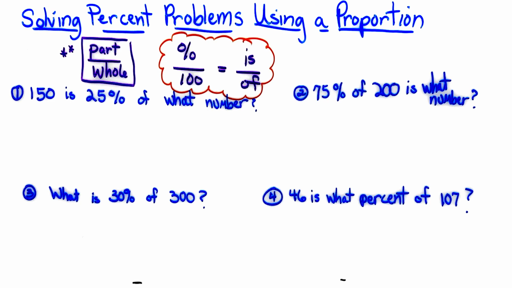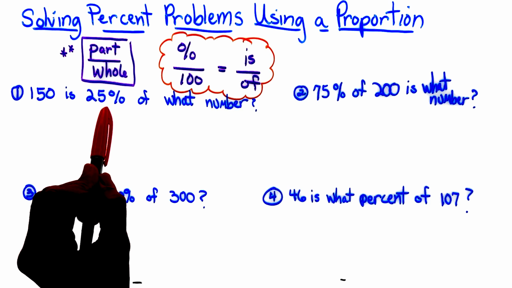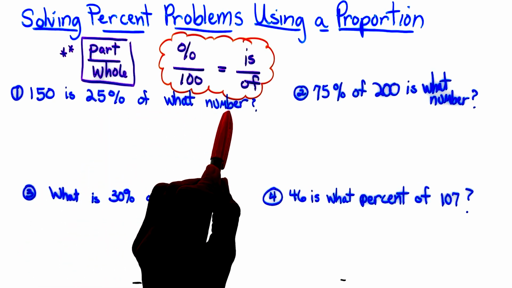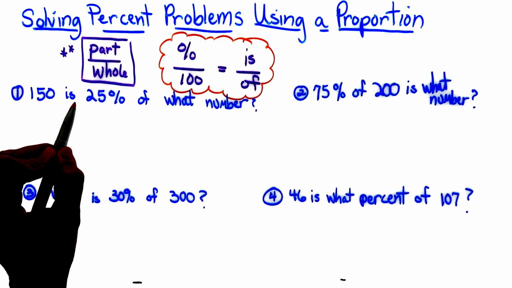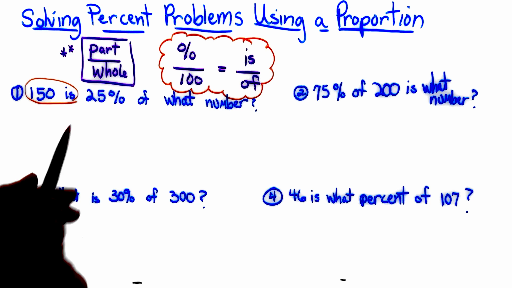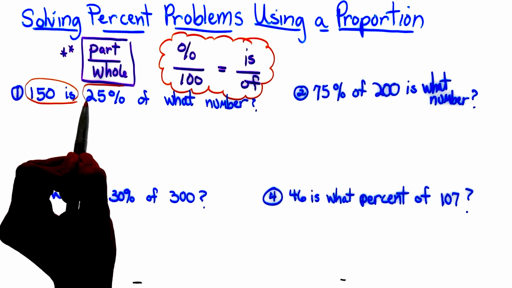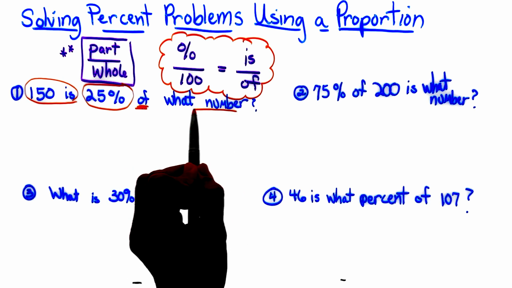We'll read it first. It says 150 is 25% of what number? So notice, I am going to circle important information. Here is my number near the "is." This is our percent, and it says "of what number?"